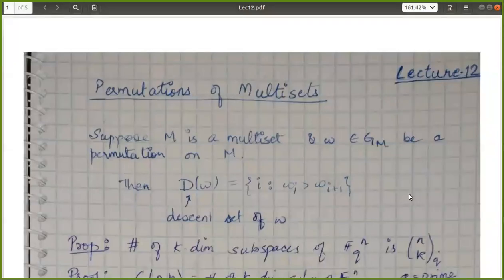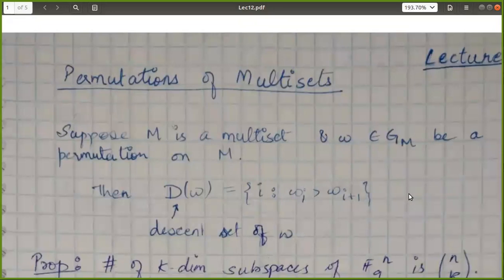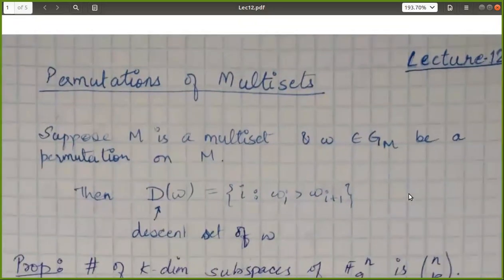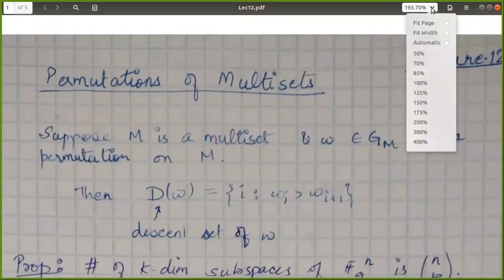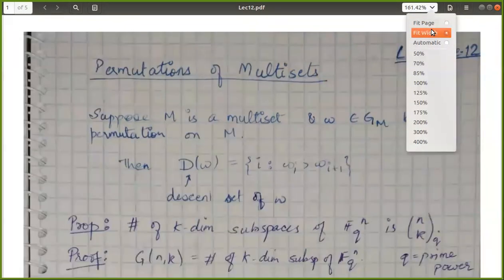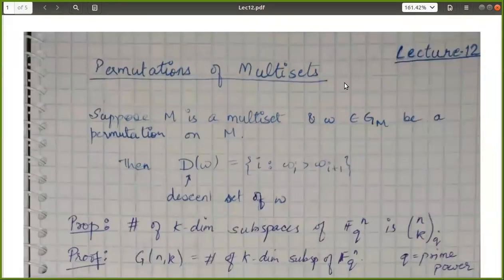So is my screen visible? Yes. So in the last few lectures, we have been seeing sets and multisets and how they can be represented. Today, and in the immediate last lecture, we saw permutations of sets, right?